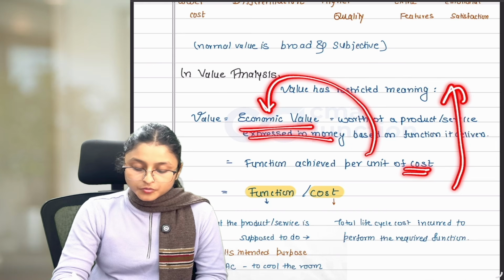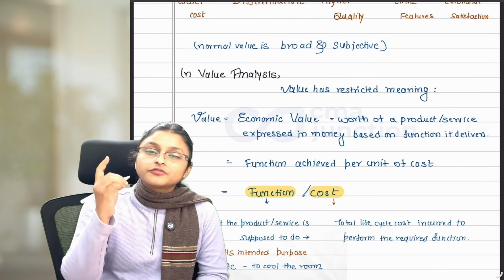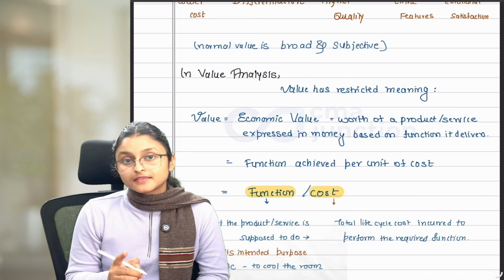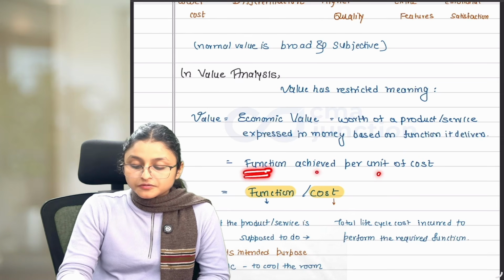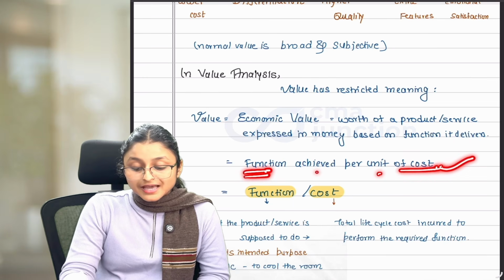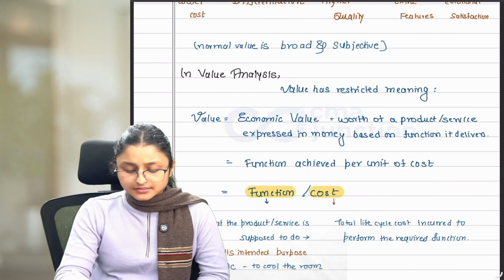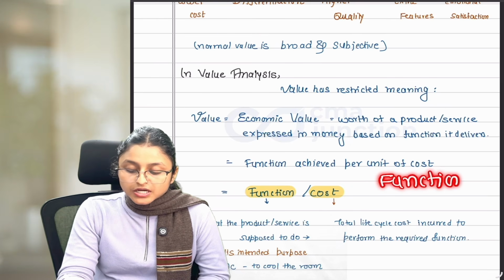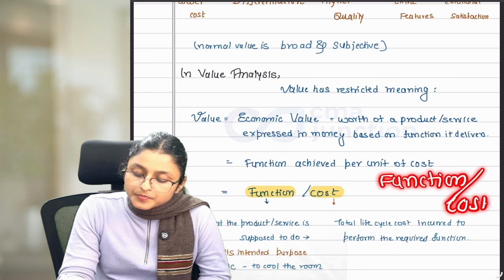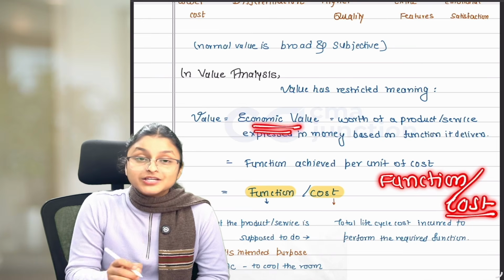For every rupee, we want to get more and more function. Can I write it as function divided by cost? Of course, you can write it like this, because we are trying to improve our function for every rupee spent. And that is how economic value is denoted.